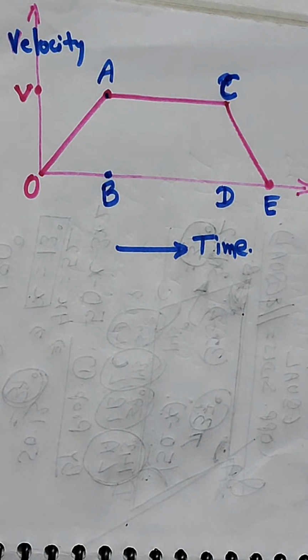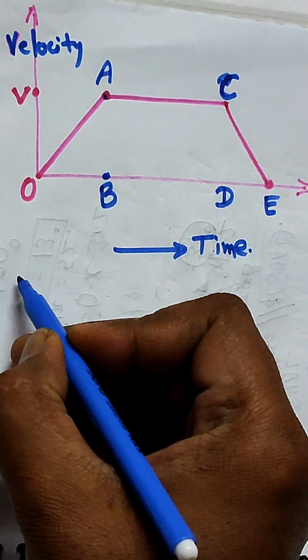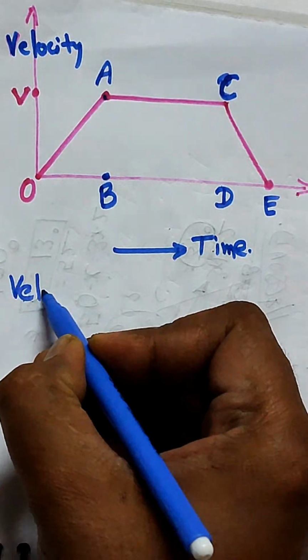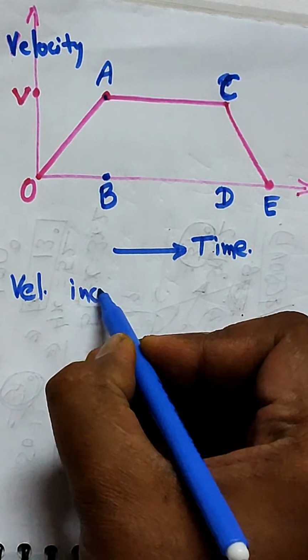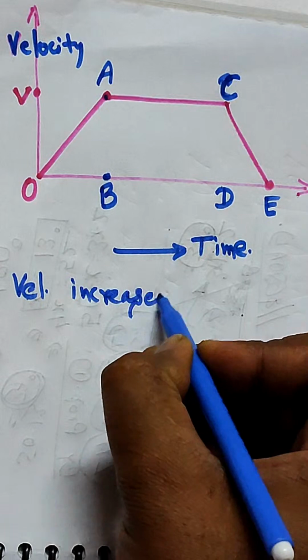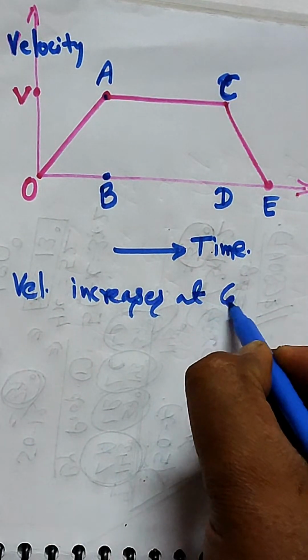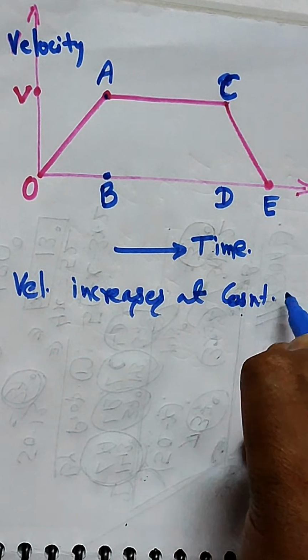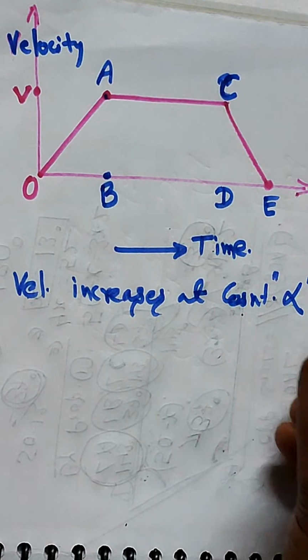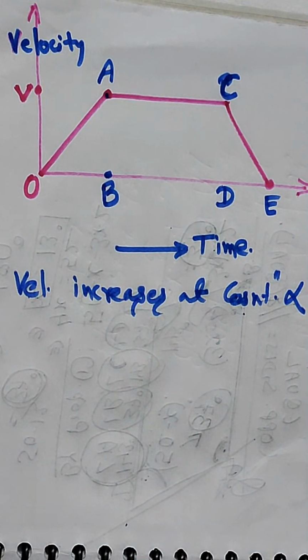Now, in this question it is given that the velocity of a train increases at a constant rate alpha. Which period is this?